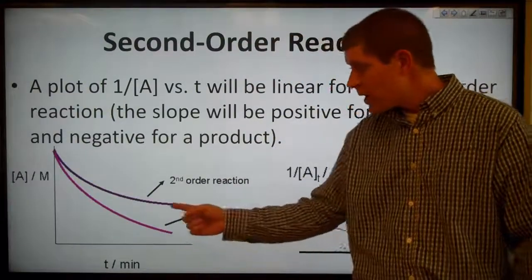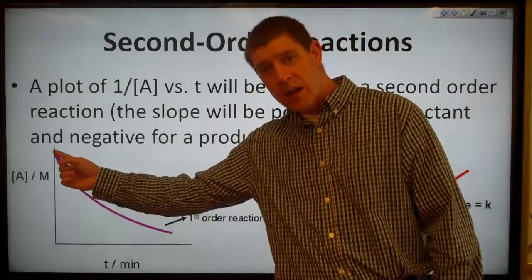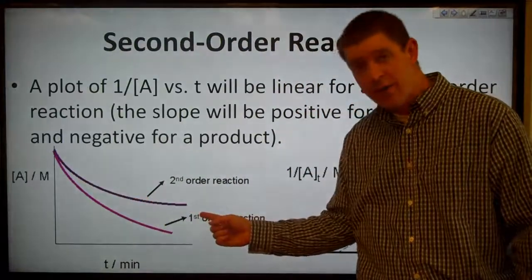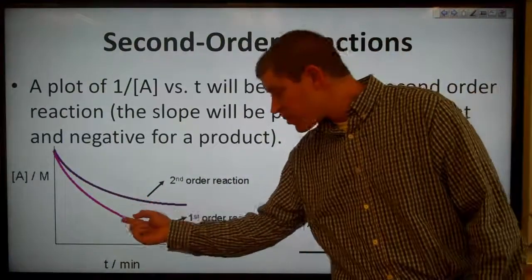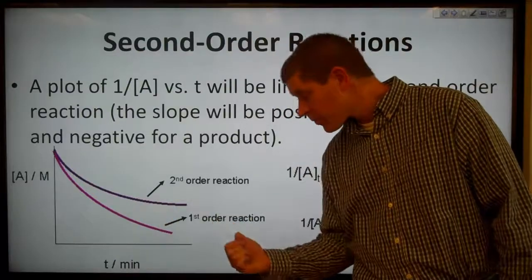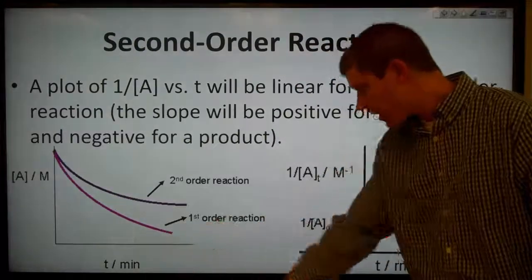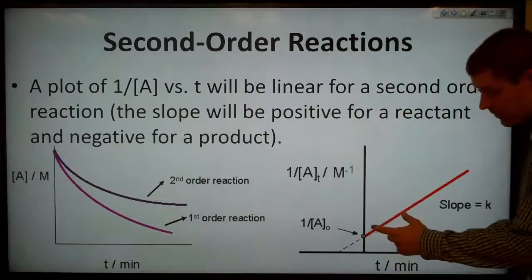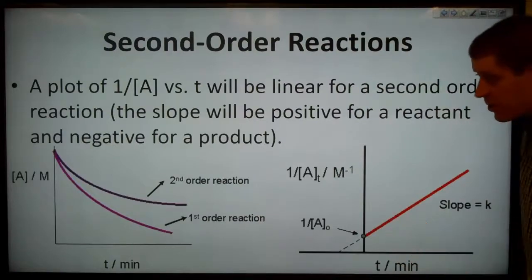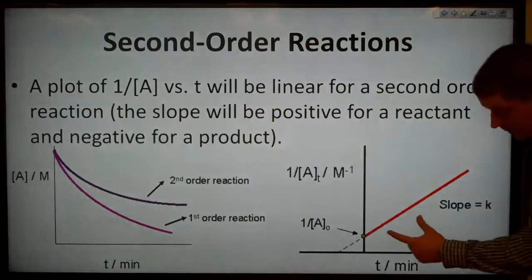So note that initially the second order reaction will probably occur faster, but then over time, the second order reaction slows down faster than the first order reaction does, and thus it comes to equilibrium faster. The first order reaction is still proceeding by the time it cuts off there. So note that here we're only plotting the top curve, our second order reaction.